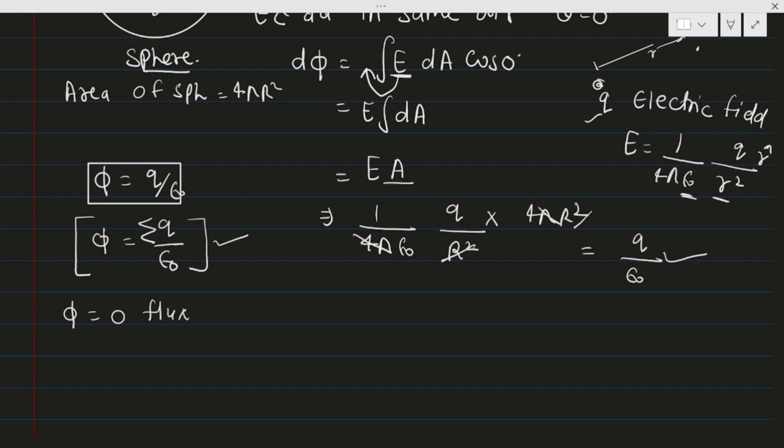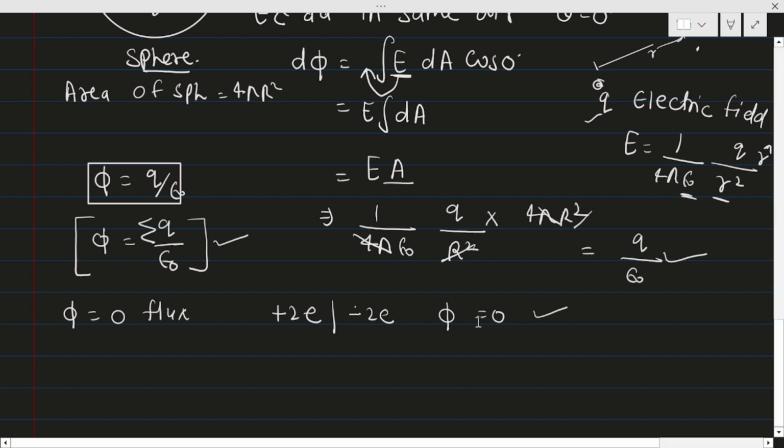There can be charges, but equal positive and negative charges. Like there are two positive and two negative charges, so the total flux is zero. And if there is no charge, obviously the flux phi is zero. So this is the meaning of zero flux.